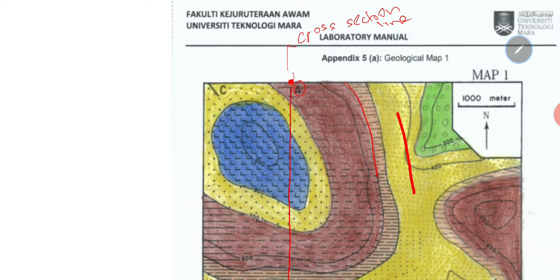This is the starting point. So along this line, you find that the line intersects with this contour line, so put a marker there. And then you go down, you find another intersection here, and then you go down your cross section line, meet a contour line here.